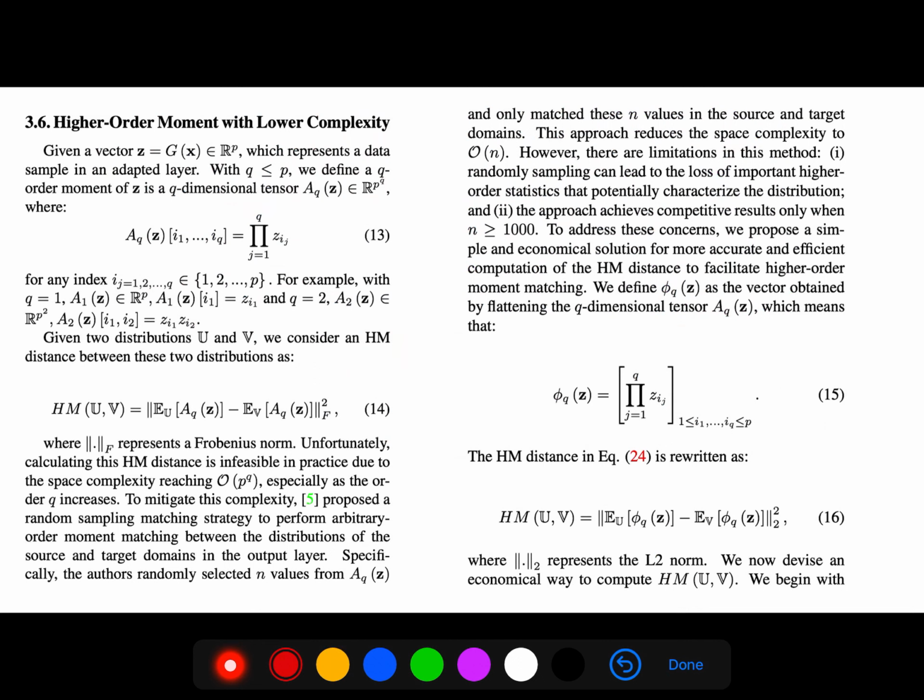Given a vector z, which represents a data sample in an adapted layer, we define a q-order moment of z as a q-dimensional tensor. Given two distributions, u and v, we consider this higher moment distance between these two distributions.